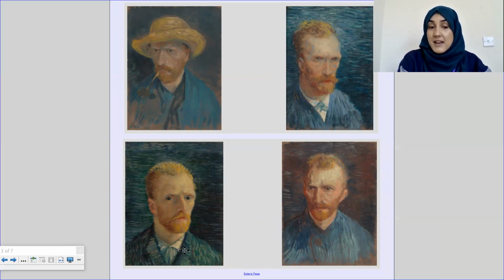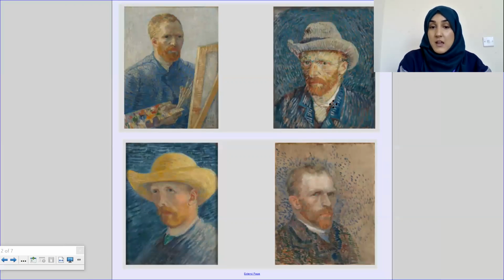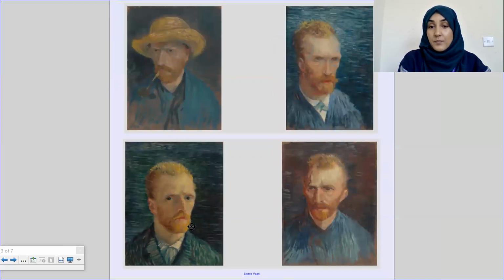This blazer he's also wearing in this portrait right here, and this one too. Here is more like a cloak. It seems as if he was quite comfortable wearing one or two pieces of garments. So he had sort of his favorite outfit.